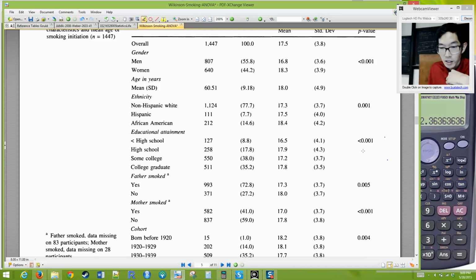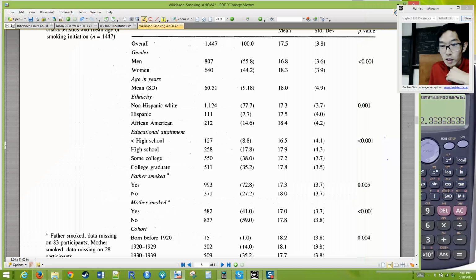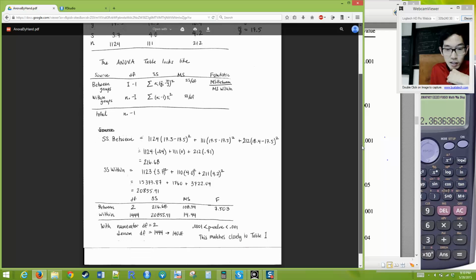They provide you with these standard deviations and the means and all of that. That's actually unique for a lot of articles, that they provide you all of the details to do the analysis yourself. Just plugging all of this into the table, I got a p-value between 0.001 and 0.0001 using the F table, and that aligns with what they report here.